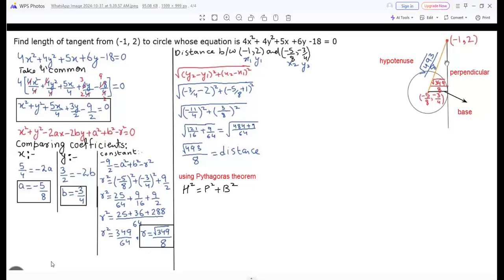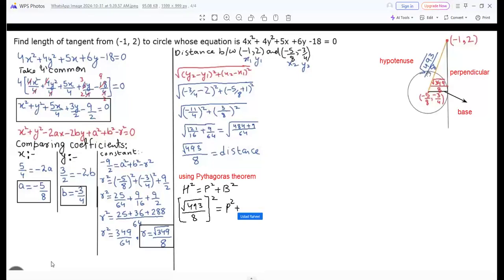In this scenario, this is my hypotenuse, so I will have hypotenuse as under root 493 over 8 whole square equals, then the perpendicular is unknown, so I'm leaving it like that, perpendicular.